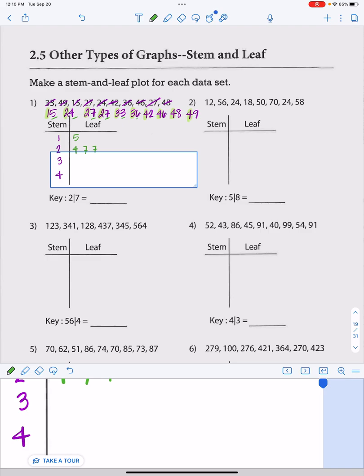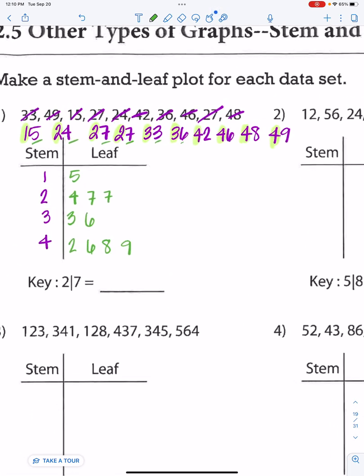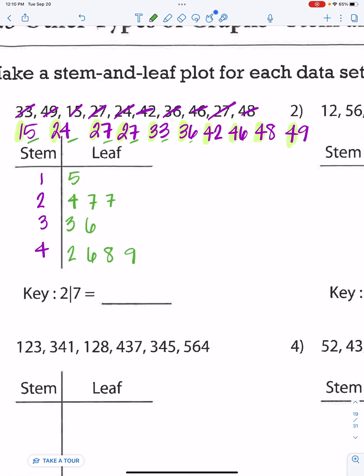Then when I go to the 30s, I need a 33, so I need a 3, and we had a 36. And then my 40s, I had a 42, so there's my leaf for the 2, and the 6, and 8, and a 9. So we have created a stem plot for that data set.